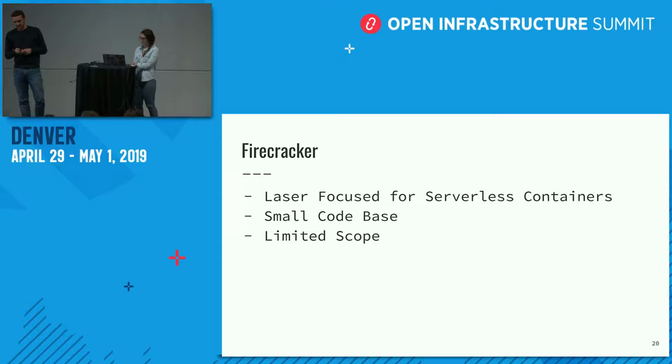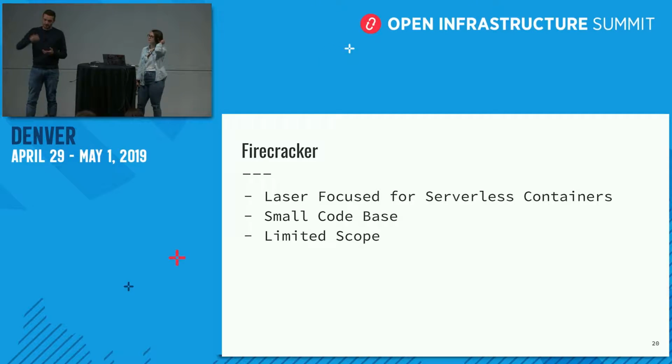If you want to do things like assigning a device into your container, you want to assign your GPU or your FPGA or your SmartNIC inside your container, that's not something you're going to be able to do with Firecracker because, well, Amazon is running Firecracker in production in Lambda, and they don't do that. So they don't want this feature. They don't want to extend Firecracker to do that.